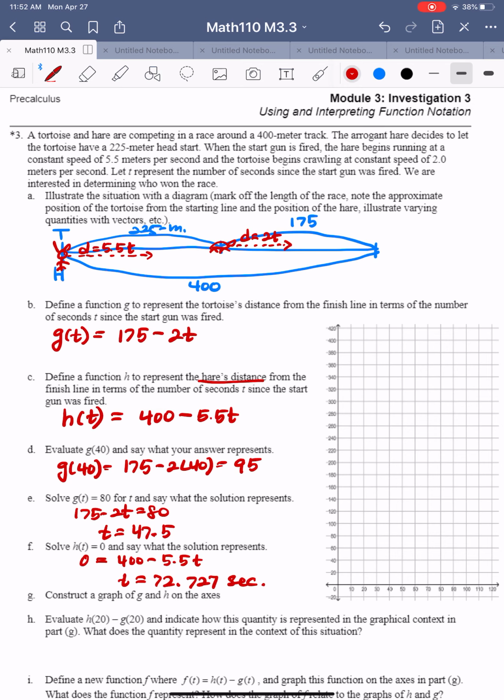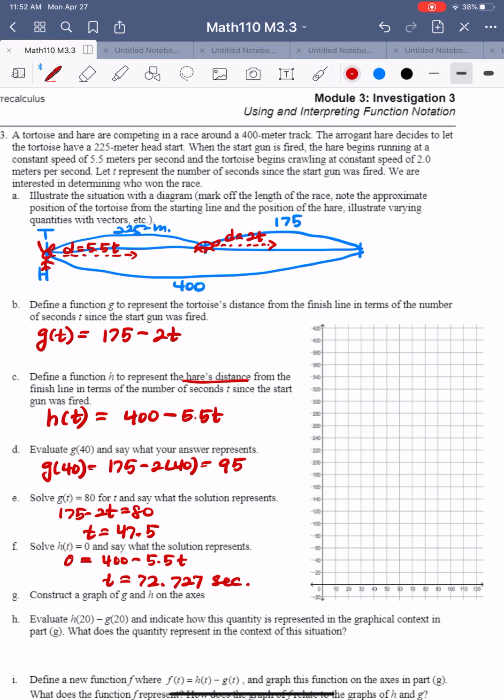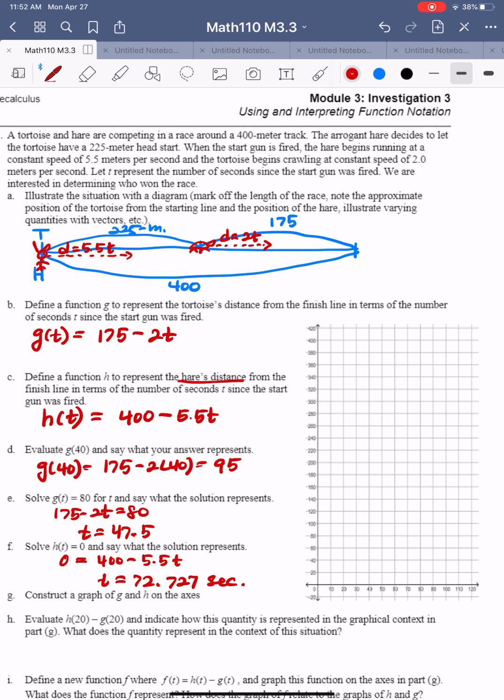So construct the graph of g and h on the axis we have here. So this is the seconds, and this is distance. For the g function first, g starts from 175, so 160, 170 about here.